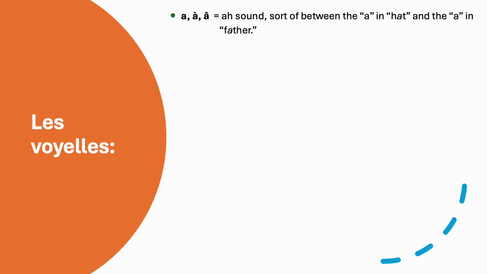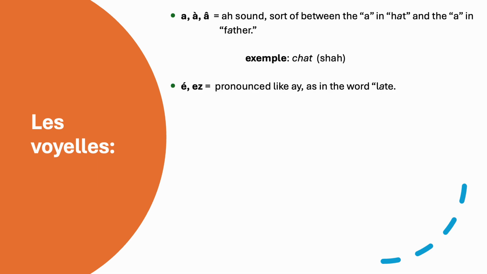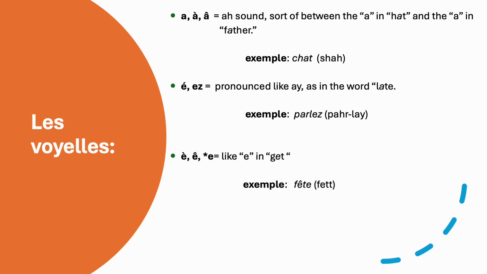Les voyelles. A, sort of between the A in hat and the A in father. Chat, a cat. Chat. É is pronounced like the A in late. Exemple, parler. È is like the E in get. Exemple, fête.